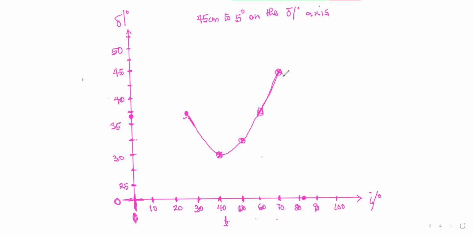Why? Because in math, when it comes to graphing, they always use x and y, but physics has a name. We are saying that let the vertical axis be angle of deviation and let the horizontal axis be angle of incidence. So what did I write? 45?